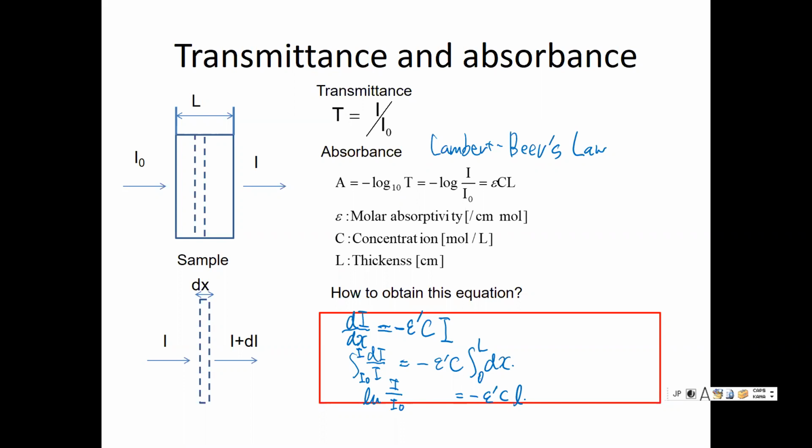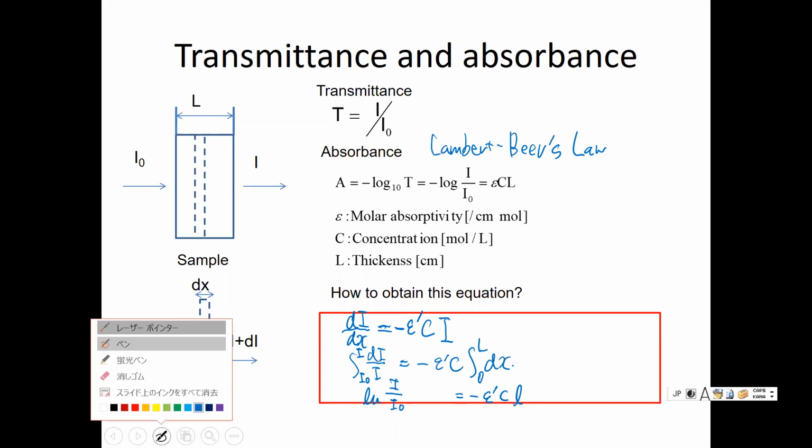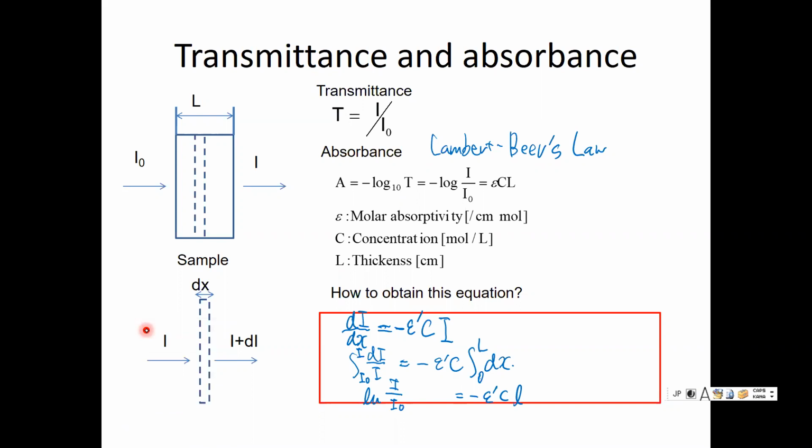So you have to be very careful about this one. The answer obtained from scratch is a natural logarithm, of course, because it comes from the differential equation. But keep in mind, the absorbance uses the common logarithm, meaning log10, right?